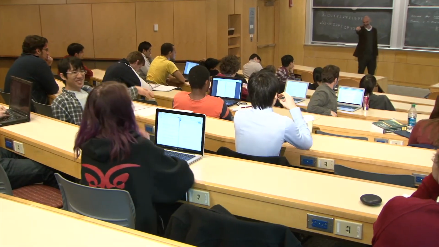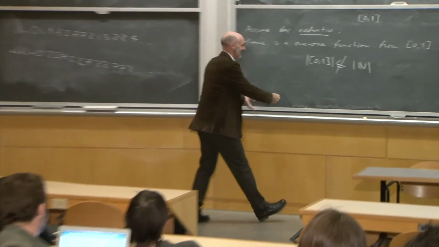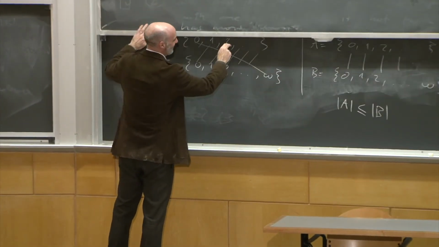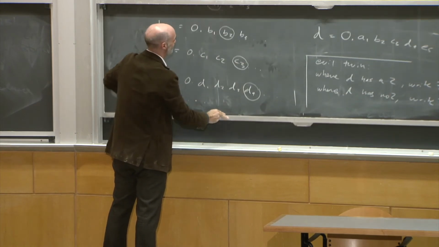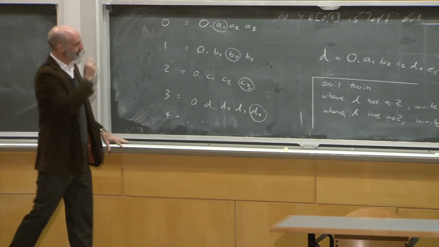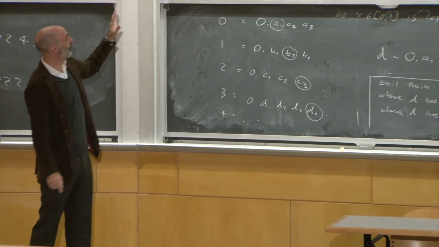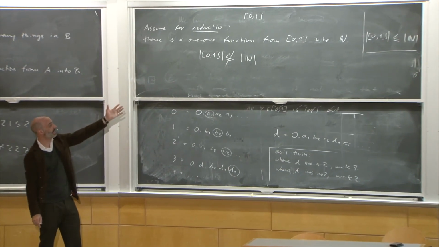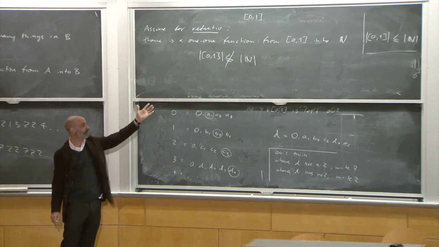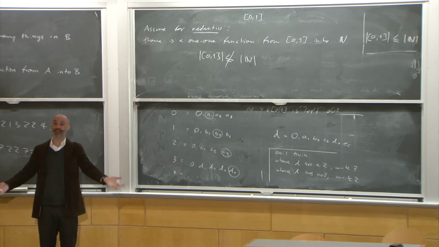Ah, good, good. Thank you for asking. Okay, so we were assuming by reductio that you can basically assign each real number in our interval into some natural.